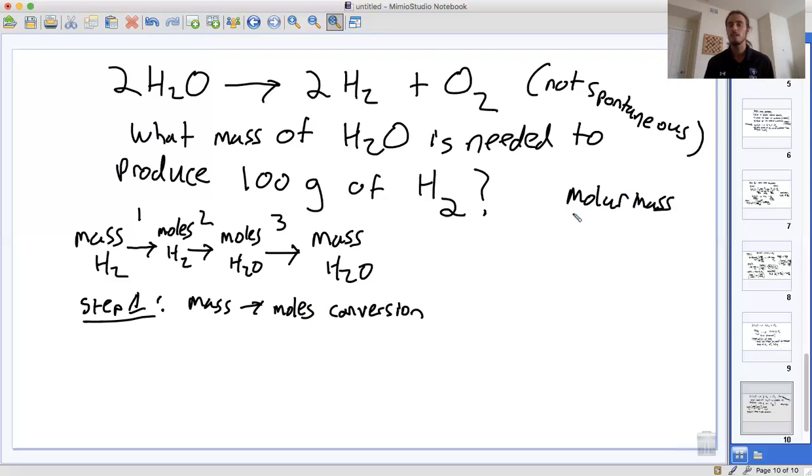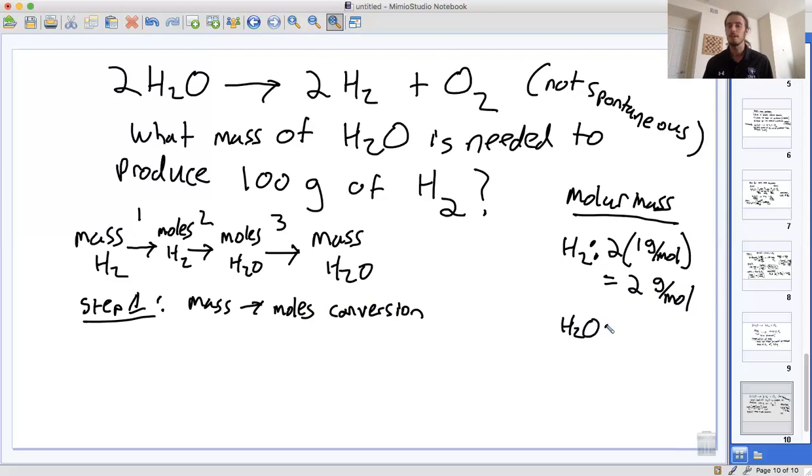For H2, that's 2 hydrogens, so it's 2 times 1 gram per mole. That's 2 grams per mole. For water, we found that earlier, that's 18 grams per mole.